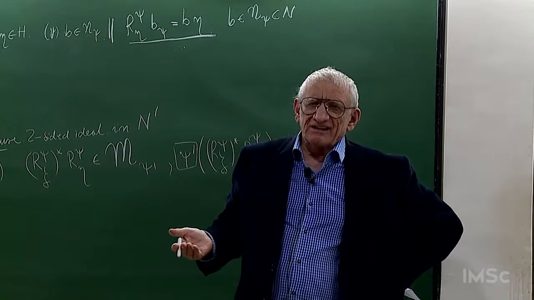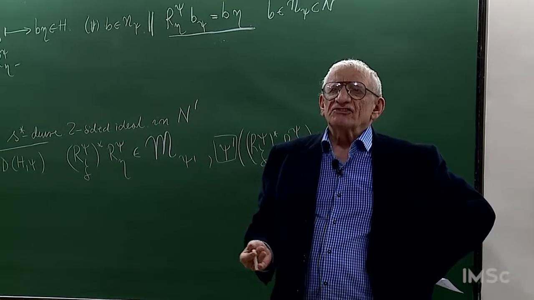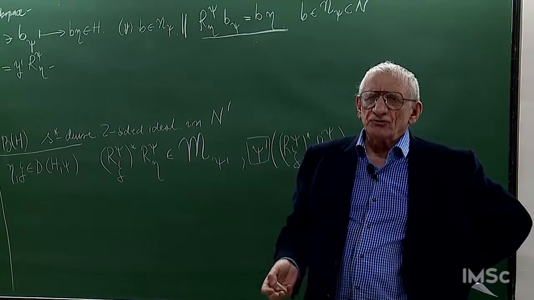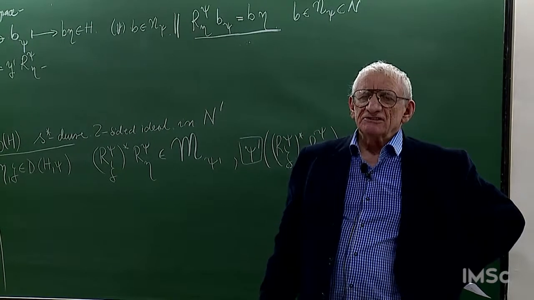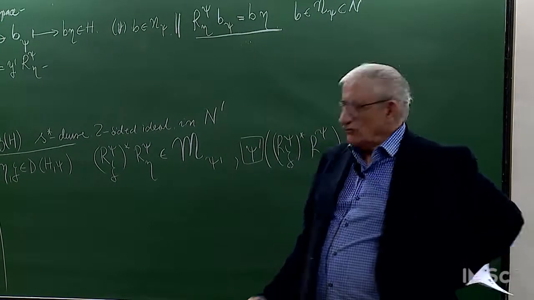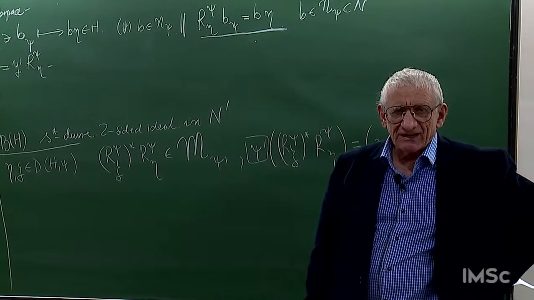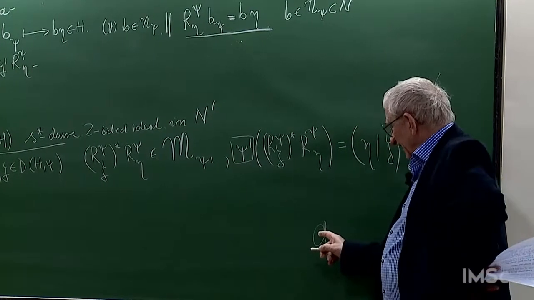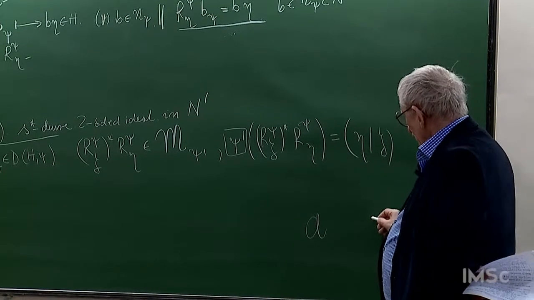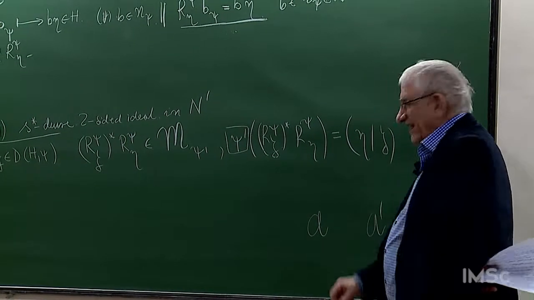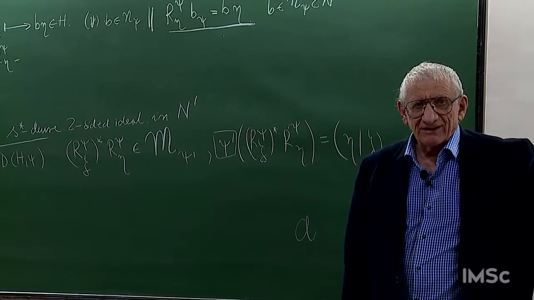Now, in general, if you have not a positive linear form, but you have a weight, you get a left Hilbert algebra. Once you get the left Hilbert algebra, you associate to it a right Hilbert algebra, right?